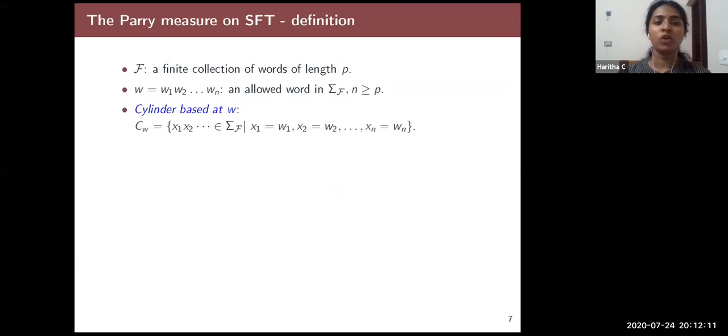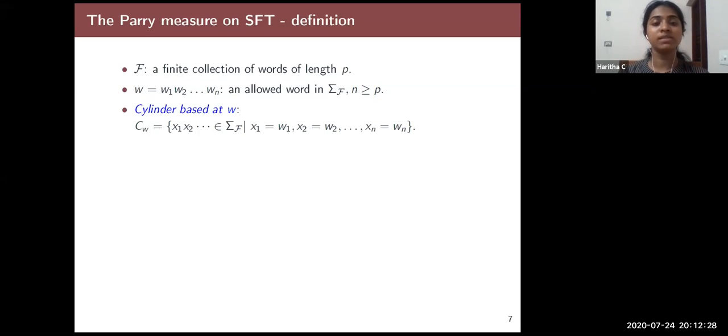Let's define it formally. We have a finite collection of forbidden words of length p, and let W be an allowed word of length n. We assume that it has length greater than or equal to the length of the forbidden words. It's a technical assumption.